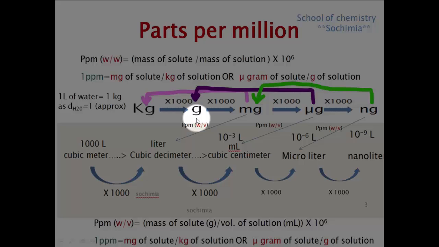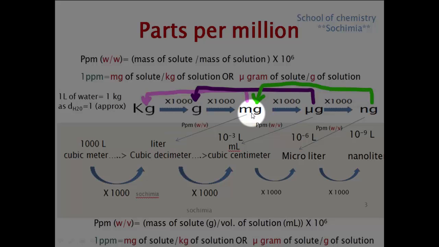As part per million is a millionth part, these arrows will show you how parts per million weight by volume are basically related. If you see here, milligram of solute per liter of solution.